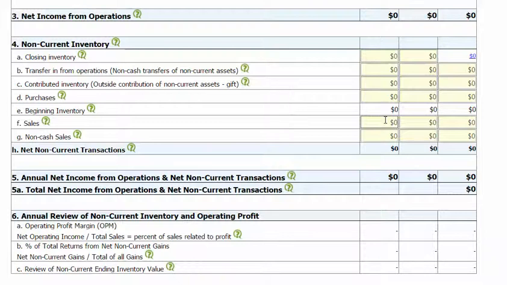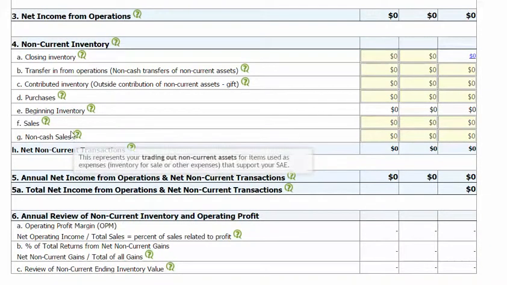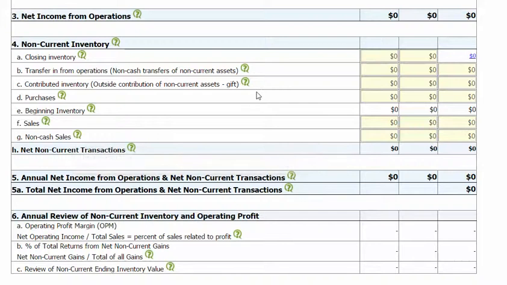Okay, non-cash sales, you can read the little help section here. It simply represents trading out non-current assets for items that are used or in expenses. If this section is completed properly, the net non-current transactions right here would normally be nothing more than your annual depreciation. Now, if you increase the value of raised breeding stock slightly due to maintenance costs, it would offset some of the depreciation.